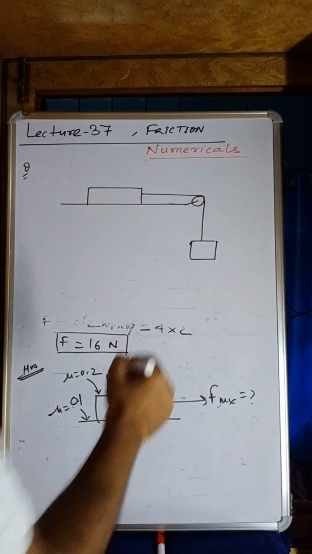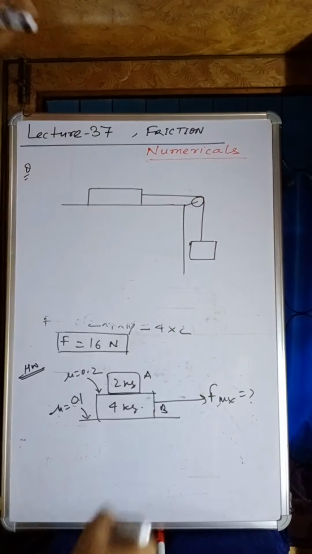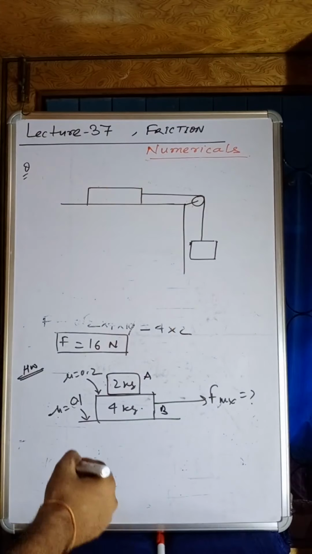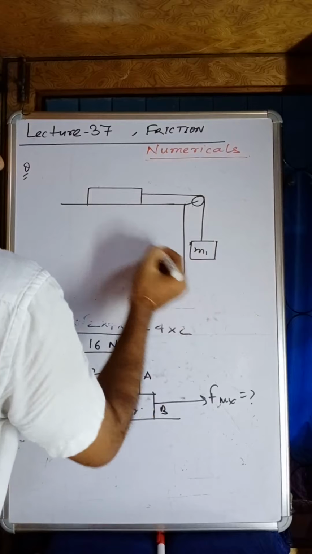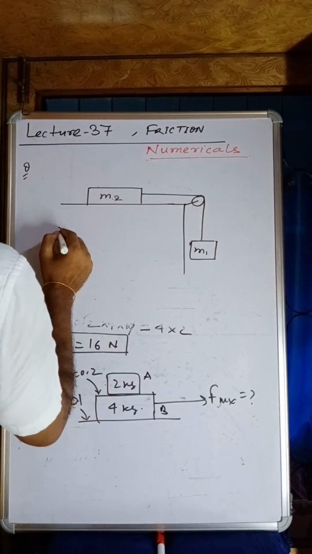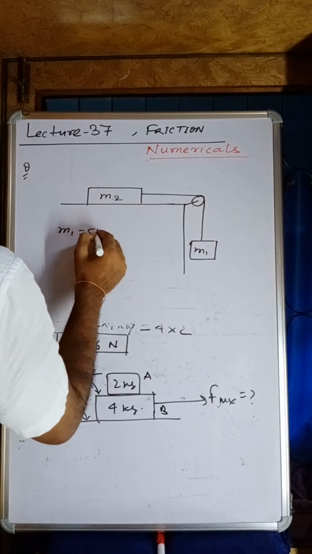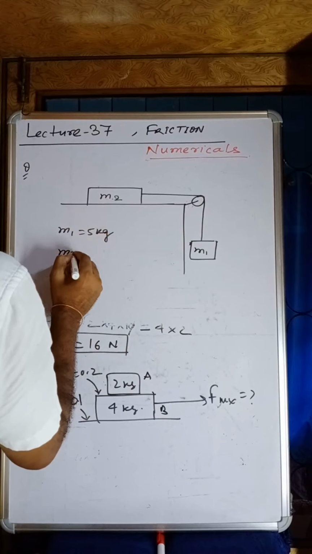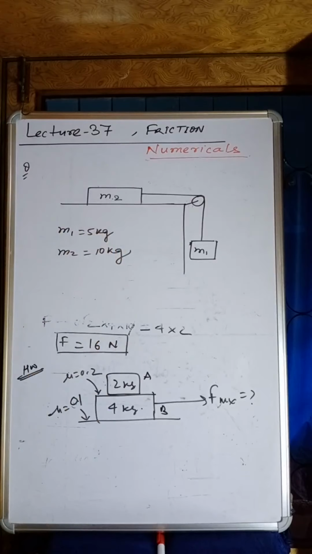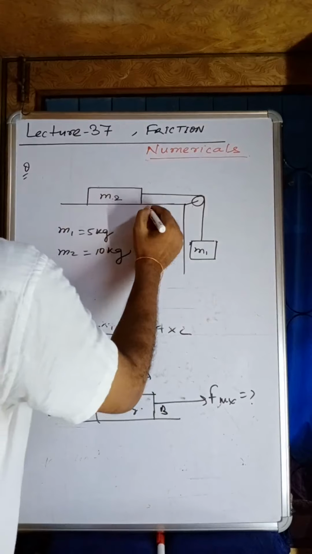The two blocks you can see are connected with a pulley. Here M1, M2: M1 is 5 kg, M2 is 10 kg. And the coefficient of friction is 0.15.